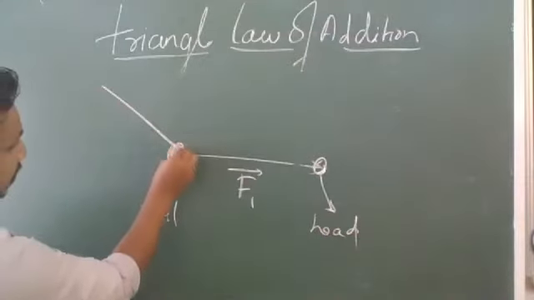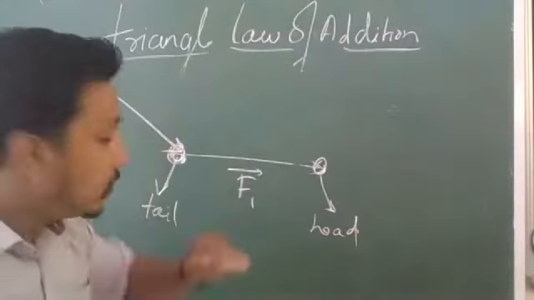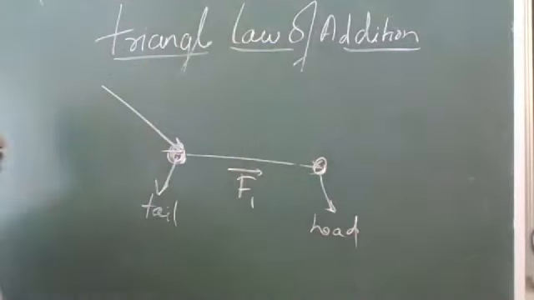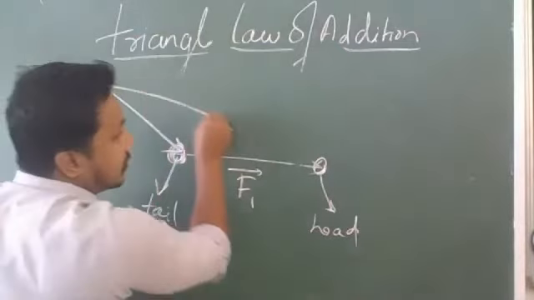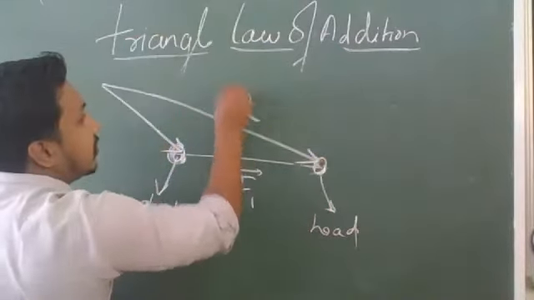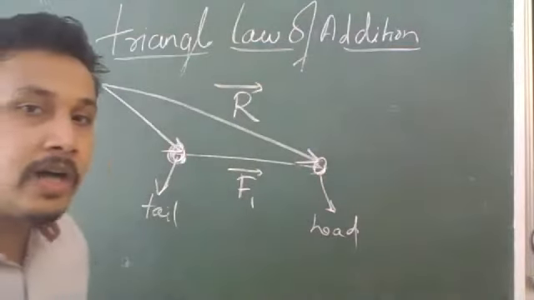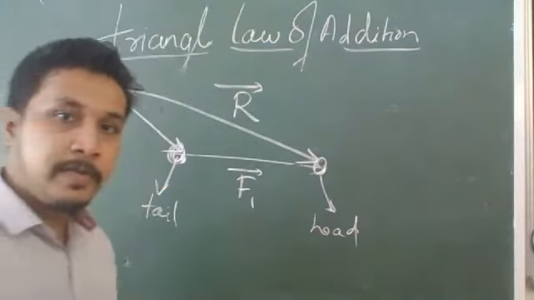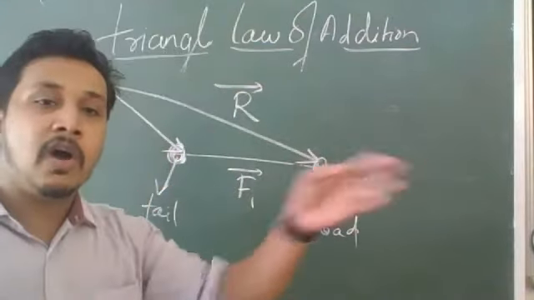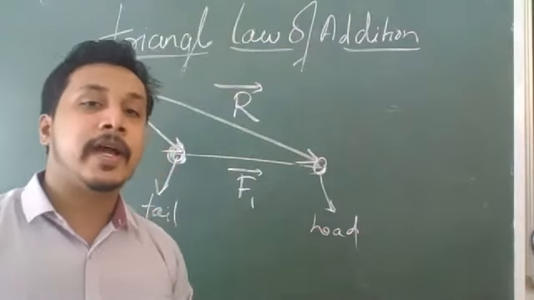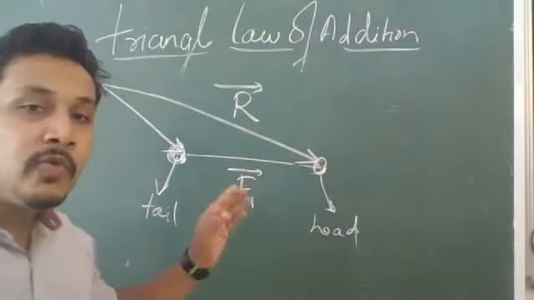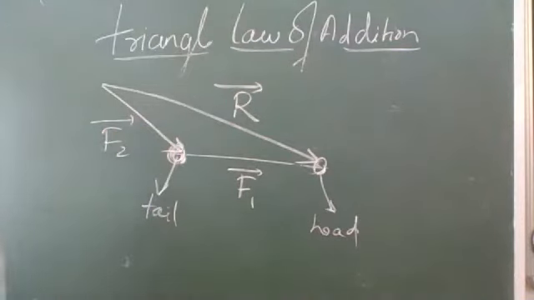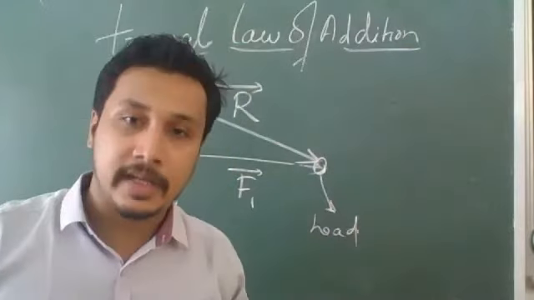Now the third side of this triangle will give us the resultant. It's simple. With the help of the triangle law of vector addition, we can easily find the addition of two vectors that are pointing in different directions.